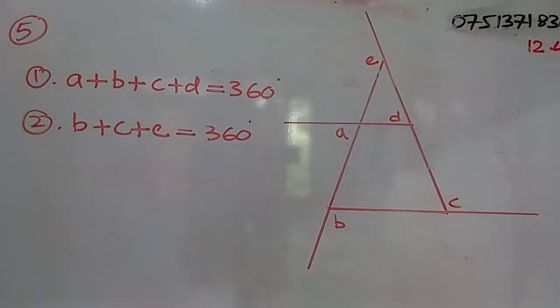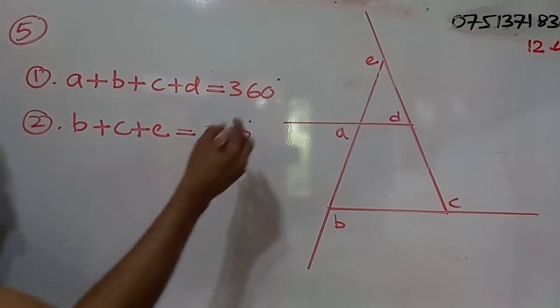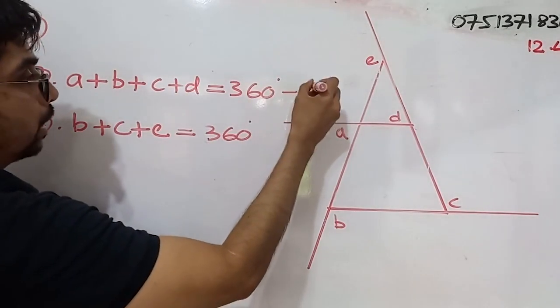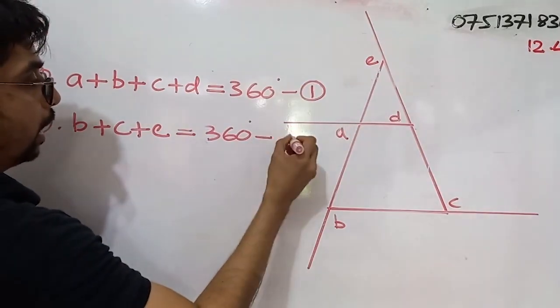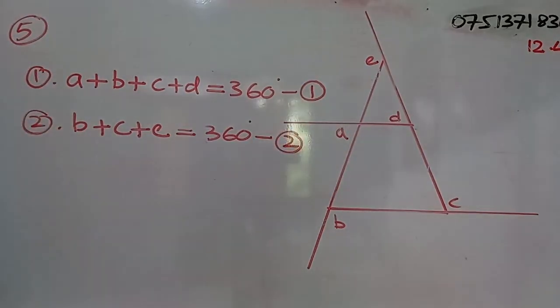360 degrees. According to the answers of part 1 and part 2, show that E is equal to A plus B. Right. So we can number this as 1 and this as 2. Since both of these values are equal, we can rewrite this as what?